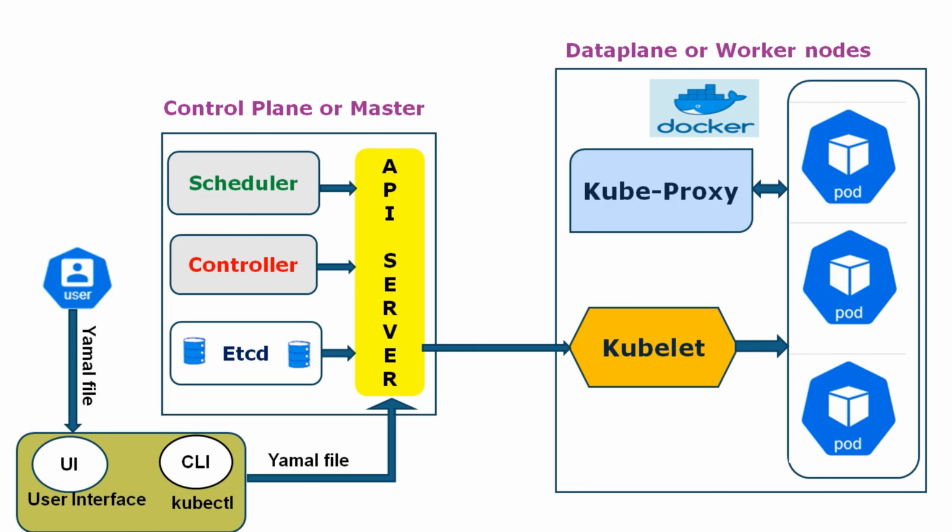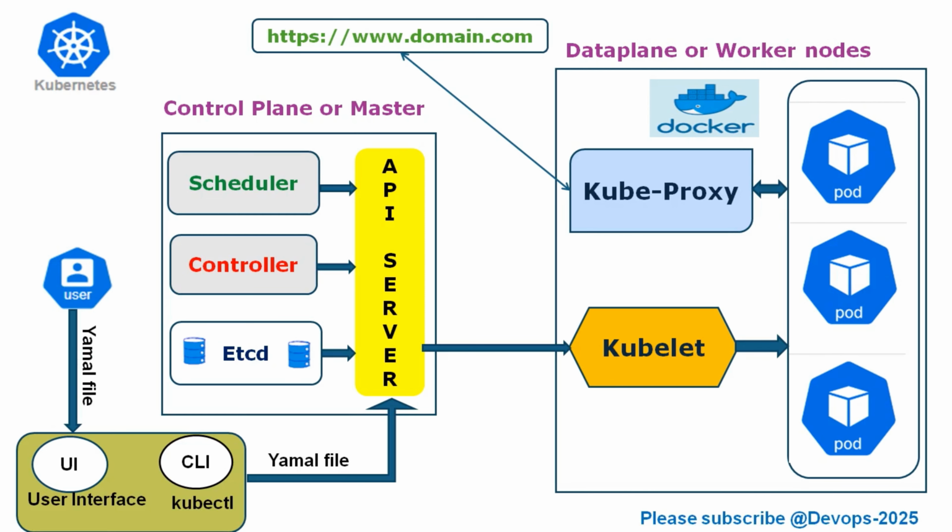That is where kubeproxy will help you with certain IP addresses, which we'll see. So you can access those applications from outside of the cluster. Not only accessing, it will also help you with load balancing and other things. So this is how the control plane and data plane work in real time.